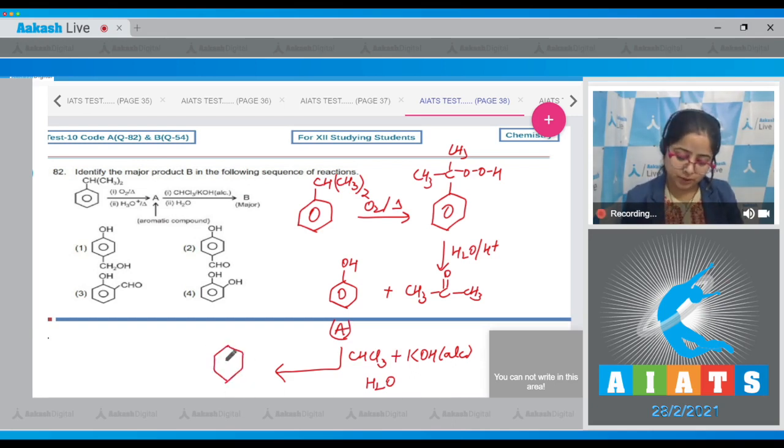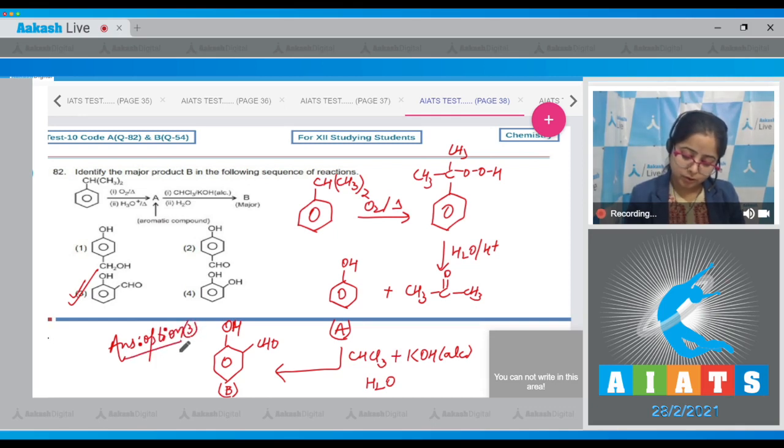Student, this is the Reimer-Tiemann reaction and the compound so formed is OH, CHO, that is salicylaldehyde, and this is the compound B. That means the correct answer for this question is option number 3. This is the major product formed. That means the correct answer is option number 3.